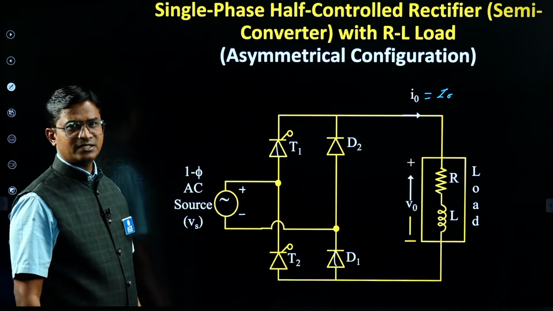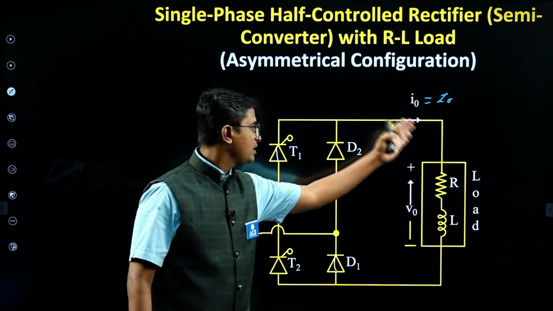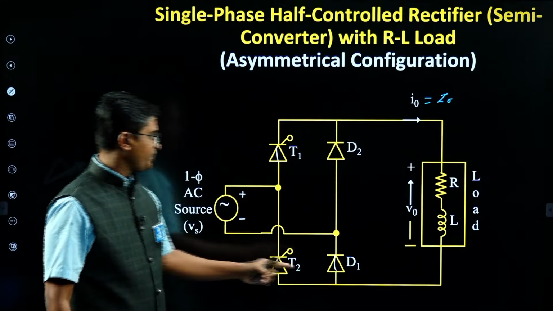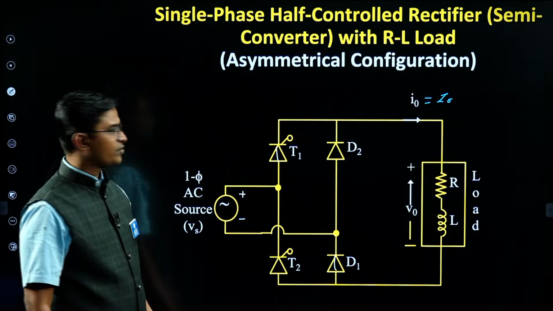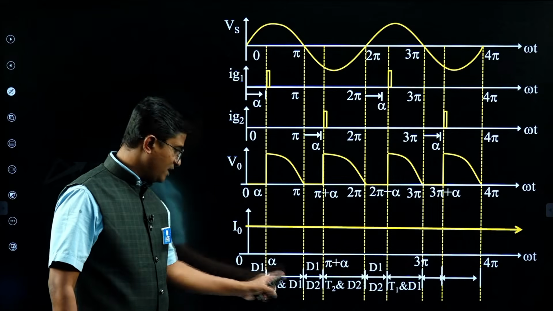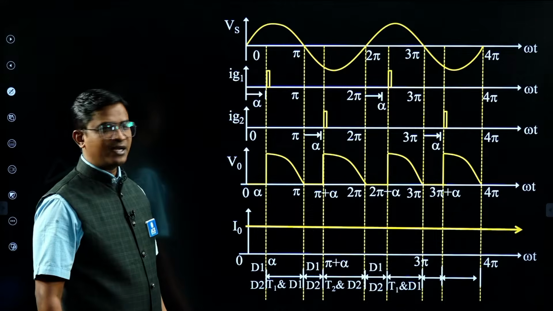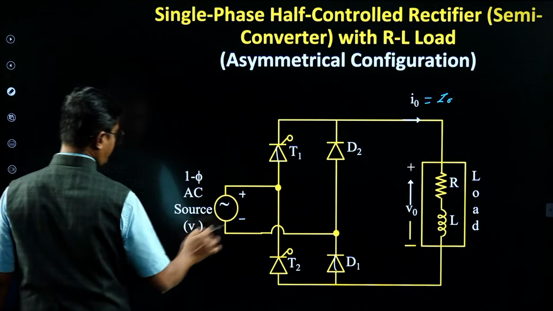What is the output voltage? V0 equal to Vs, because the positive of V0 is connected to the positive of Vs, and the negative of V0 is connected to the negative of Vs. So V0 equals Vs. Which two devices conduct? T1 and D1 conduct. After pi, till pi plus alpha, what happens? Supply voltage is negative.